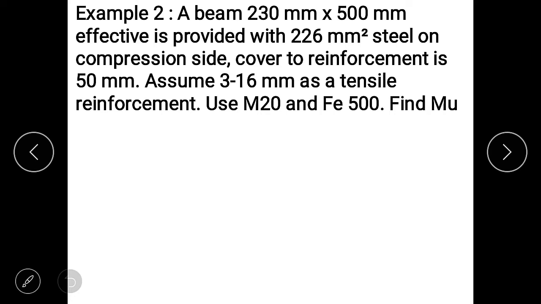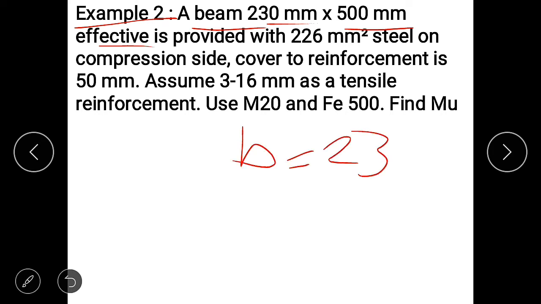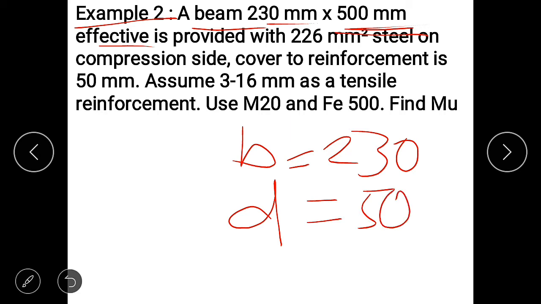Okay. Example number 2. A beam 230 mm into 500 mm. Width of the beam is 230 mm and effective depth, small d, is 500 mm.